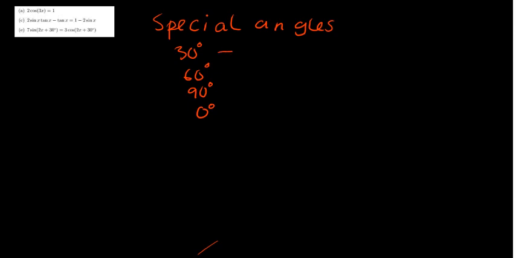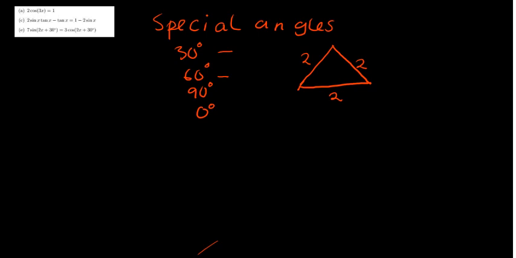Let's consider an equilateral triangle. An equilateral triangle is a triangle which has all sides equal. Let's say we have sides 2, 2, and 2.